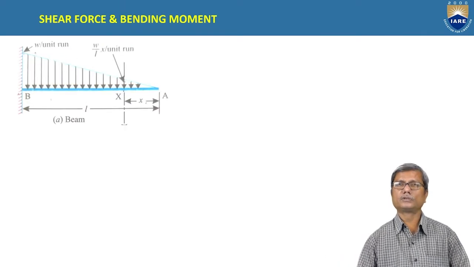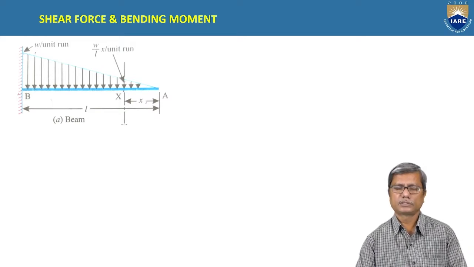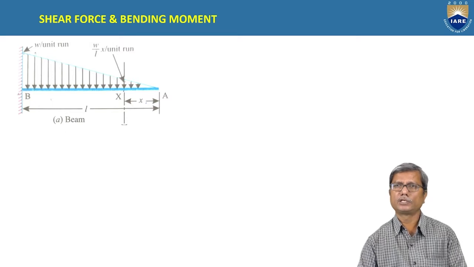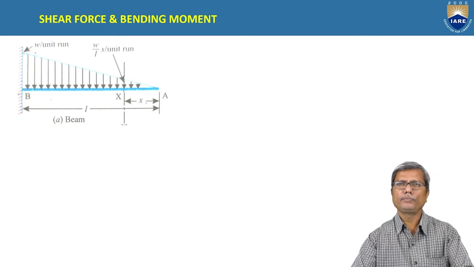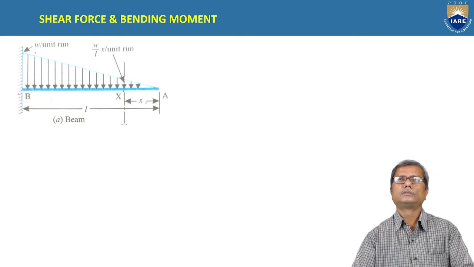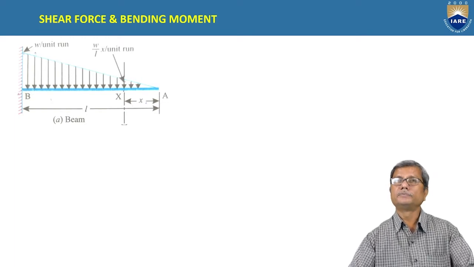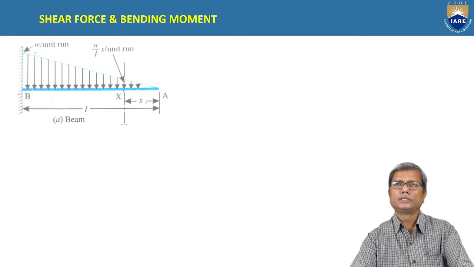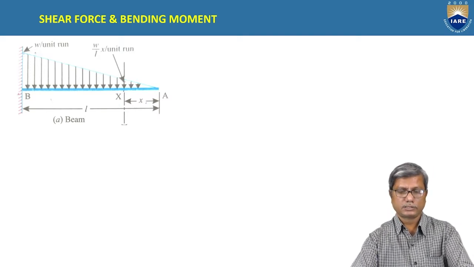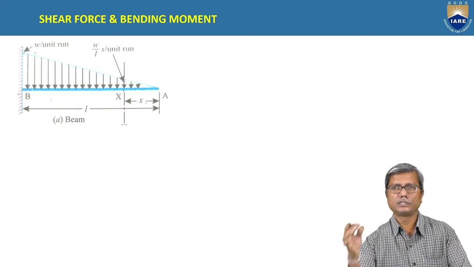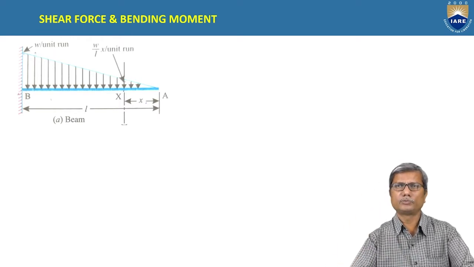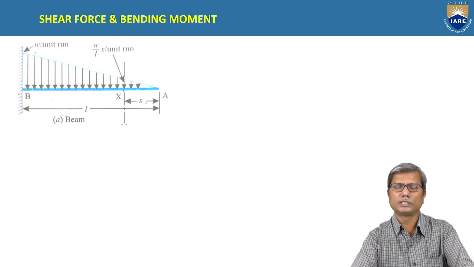Consider the cantilever beam. A cantilever beam means one end is fixed and the other end is free. In cantilever beams, the reactions need not be calculated as in the case of a simply supported beam, because here we have the option to consider the free end side.